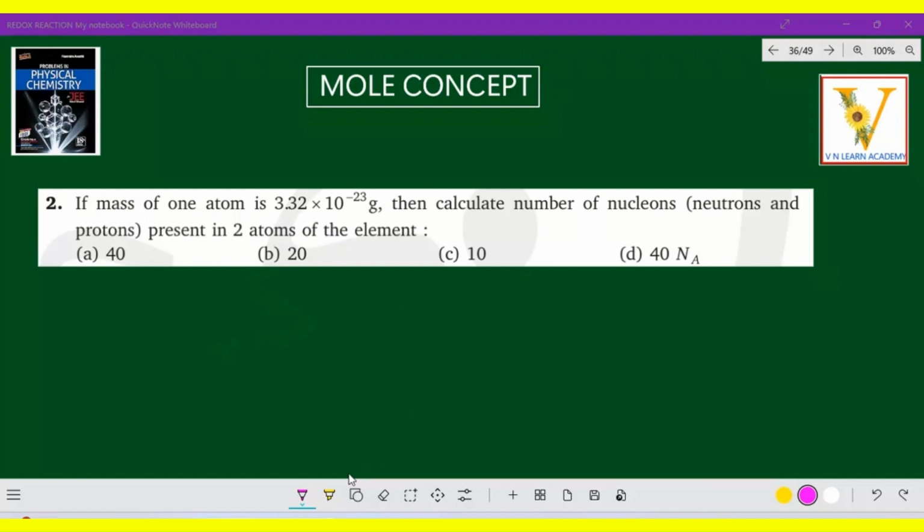Generally here they mention nucleons, which is nothing but neutrons plus protons. That is the mass number, how do we identify? A, right?